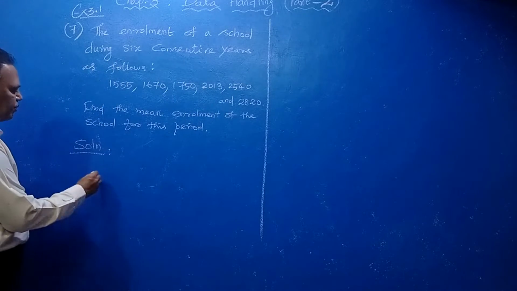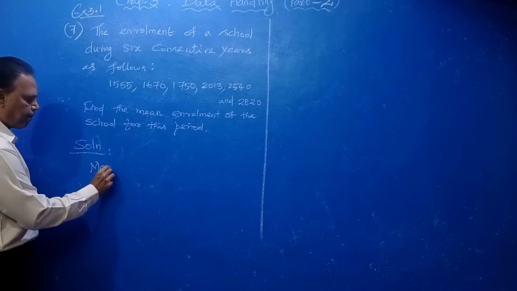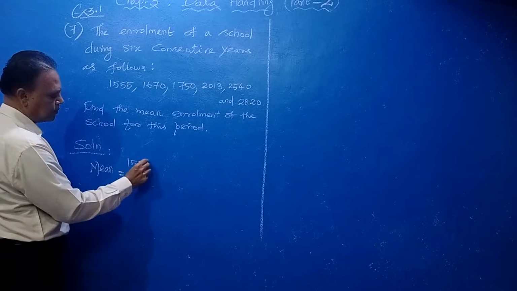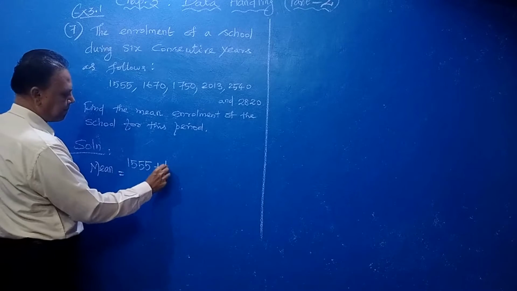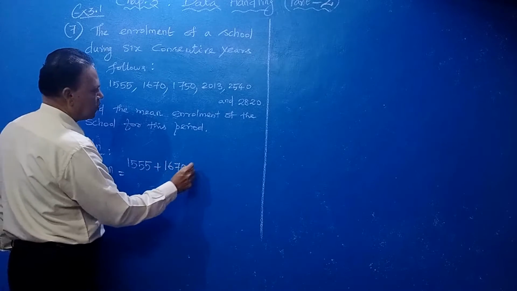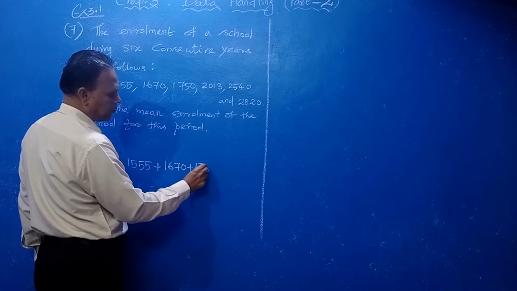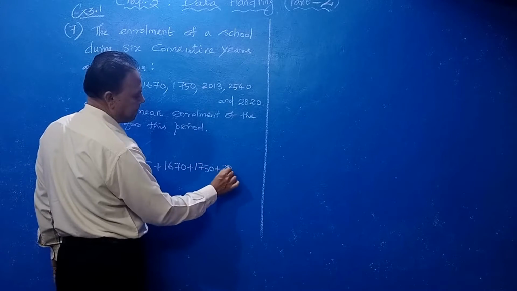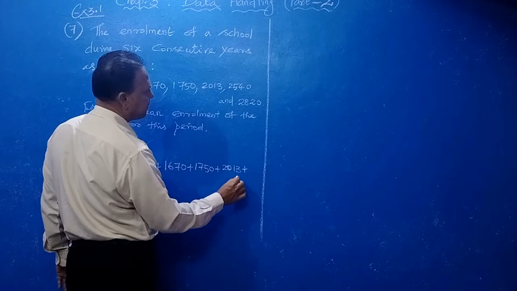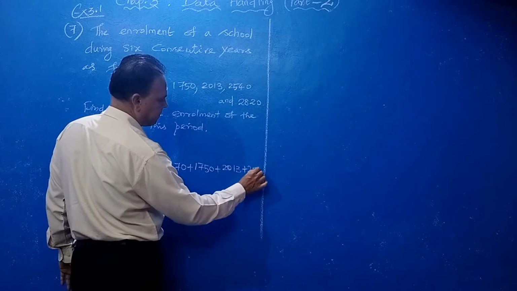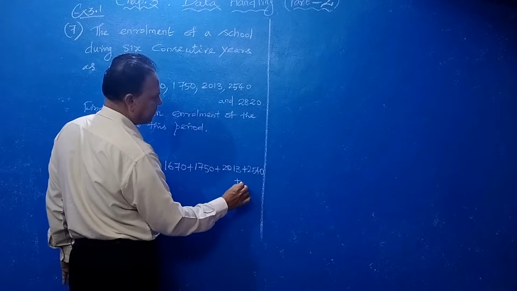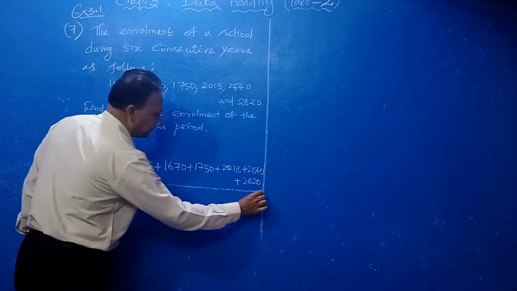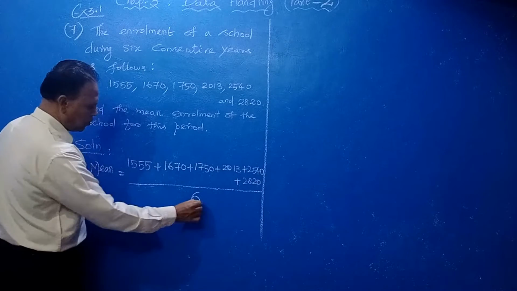So mean is equal to the sum of all observations divided by 6.